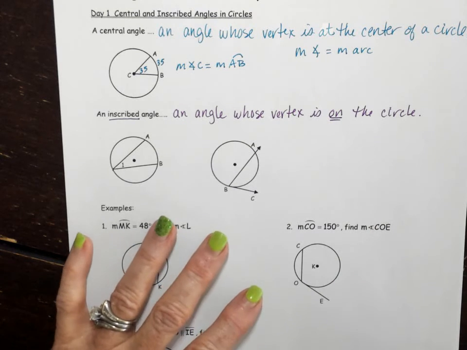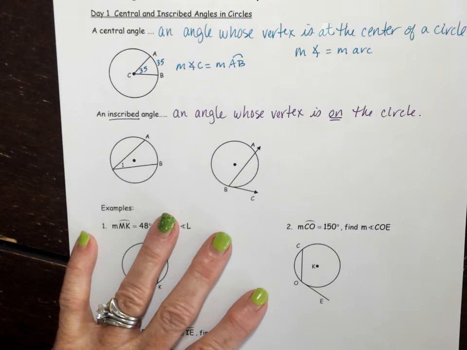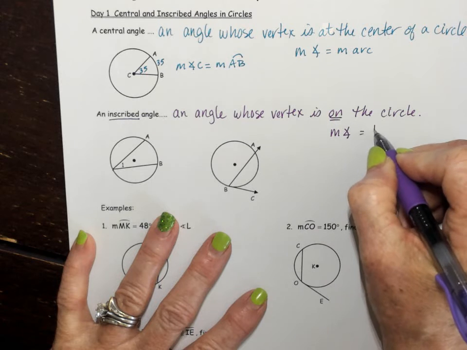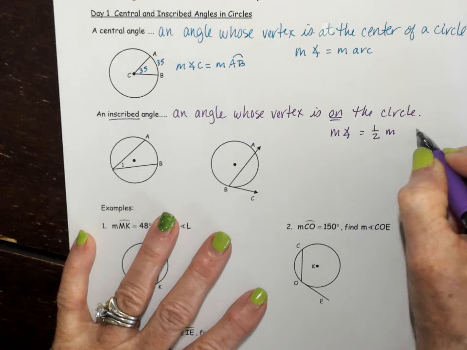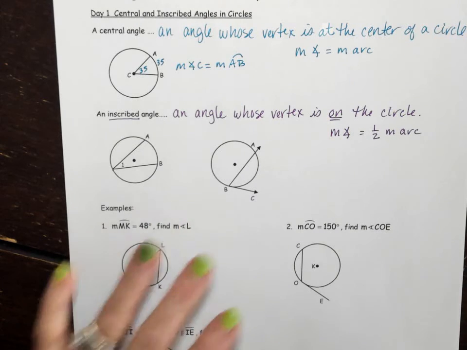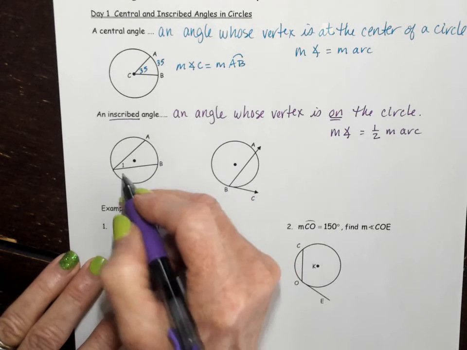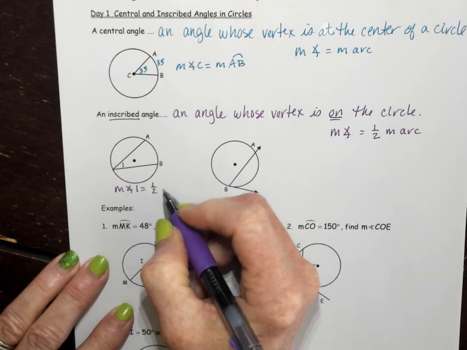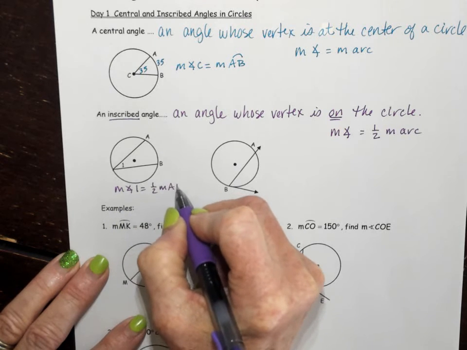When this happens, the measure of the angle is 1/2 of the measure of the arc. So in this case down here, the measure of angle 1 is 1/2 of the measure of arc AB.